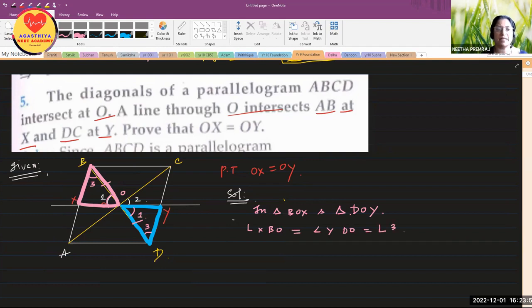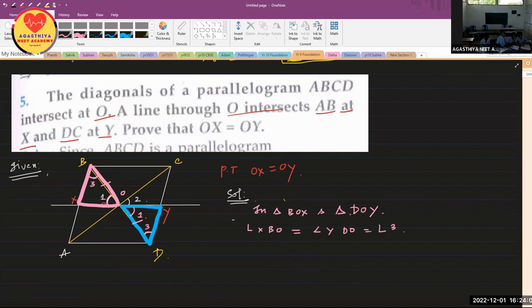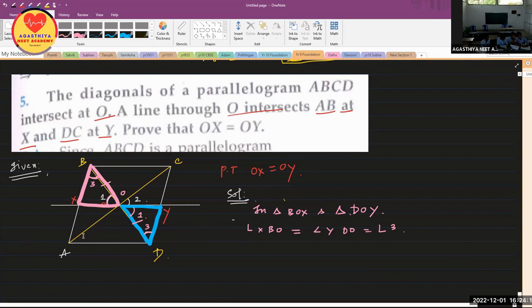Why are these two angles equal? Guys, tell me. I'll explain one time. A vertical opposite angle. Sorry, come again. Vertical opposite angle.